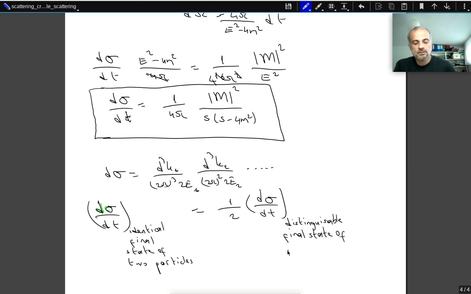Now the two particles are distinguishable. If we had three of them, well, this is actually 2 factorial. If we had three identical particles, due to the different possible exchanges, we should have divided by 3 factorial.